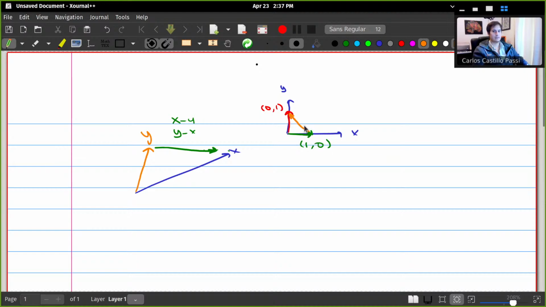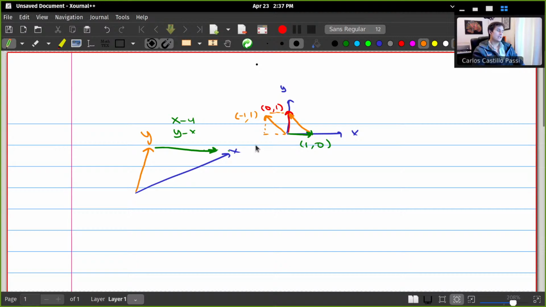A vector is a representation of a coordinate, but obviously this vector is the same as this one. I just drew it in a different position, but it's the same one. It would be described by the same components, right? So obviously, this vector here should be (-1, 1), pointing in that direction.